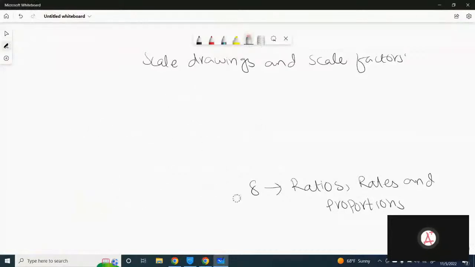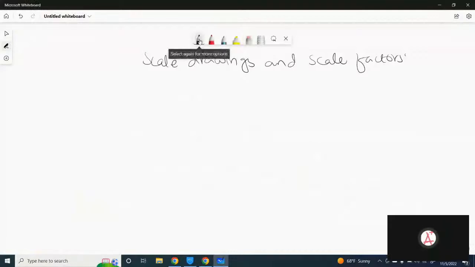So let's start with an example. The first example is, okay, let me share the screen, then I'll read.